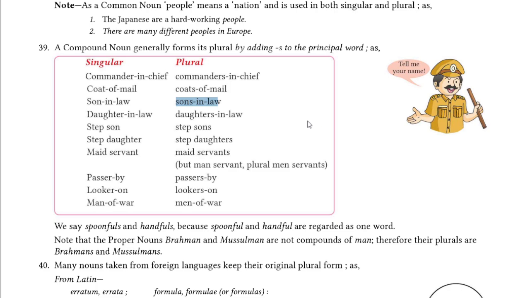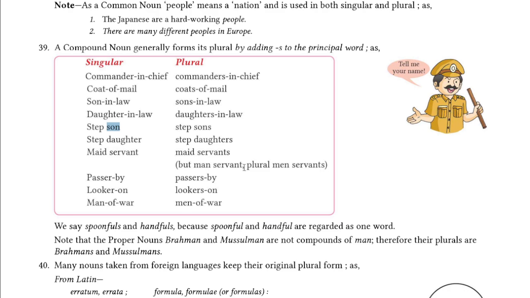Daughter-in-law, daughters-in-law. Stepson. Now, son is the principal word. We would add s and get stepsons, stepdaughters. Maid servant. Servant is the principal word, so maid servants. But if we have man servant, we are not going to add s to the principal word.